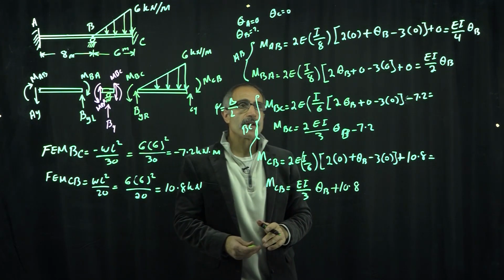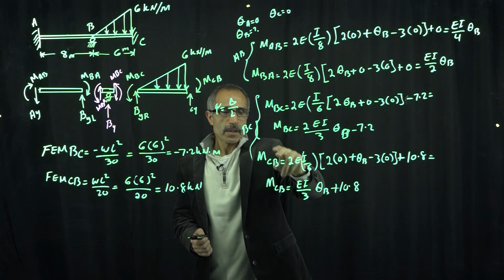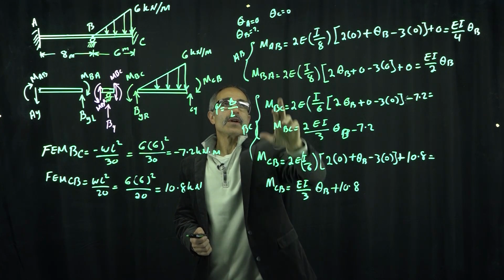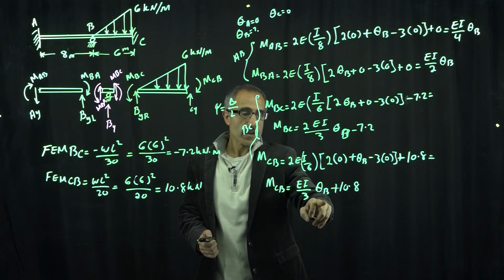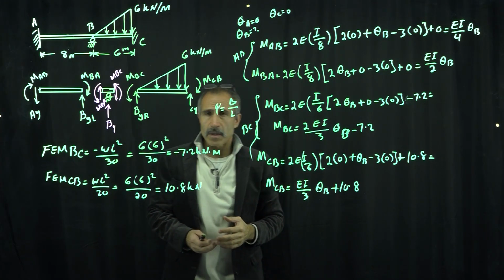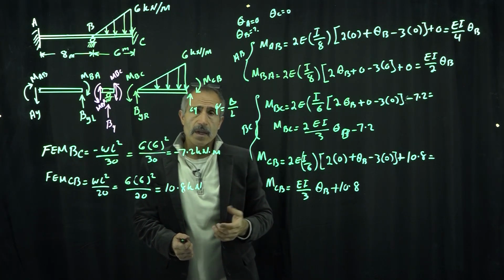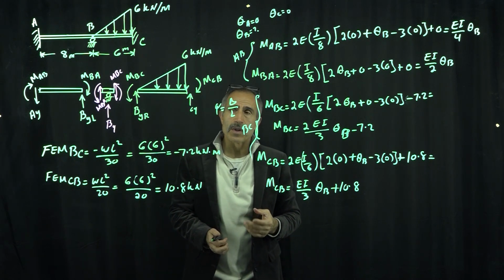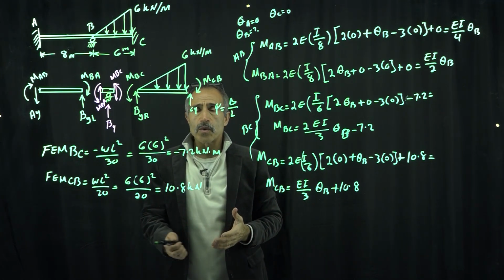So now I have 4 equations with 5 unknowns: 1, 2, 3, 4 unknowns, and theta B is the fifth unknown. So we need an extra equation to solve this, a fifth equation. Where does it come from? It comes from the joint's equilibrium.